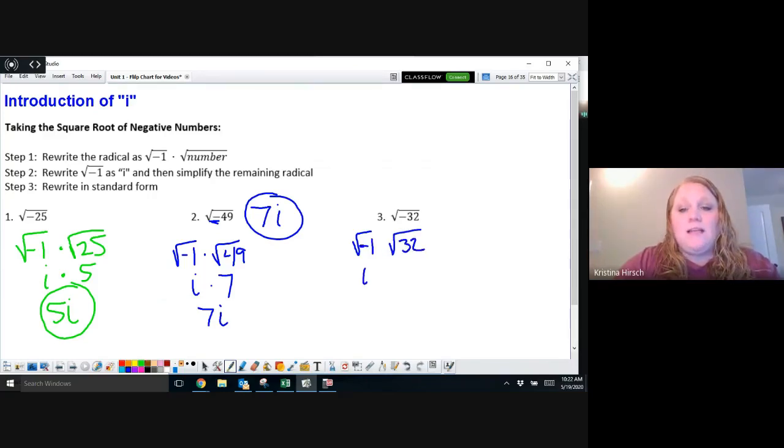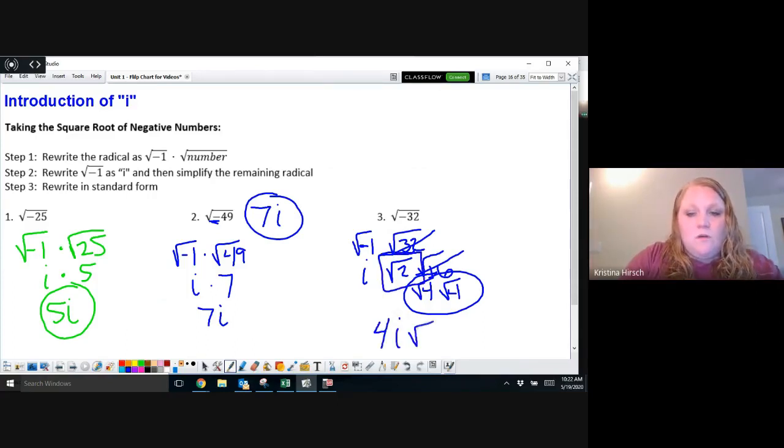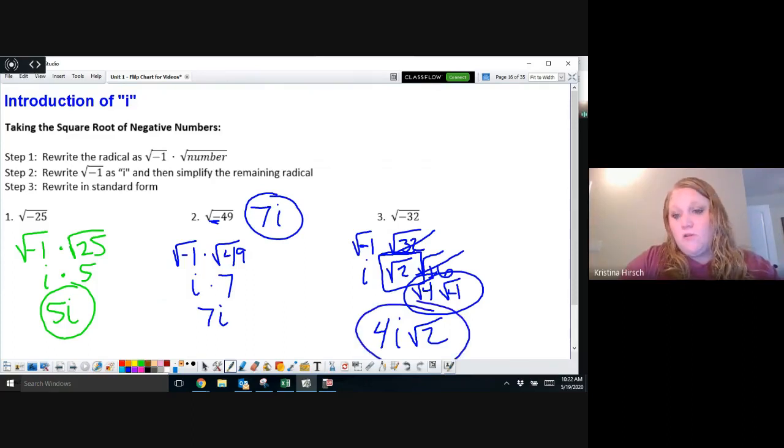Well, the square root of -1 is I, but then we have the square root of 32, which would break down as 2 and 16, 4 and 4. So we have an I that's not in the house, right? And we have a Mr. and Mrs. 4. So we have 4I, and we have a square root of 2. So 4I square roots of 2 would be our solution.